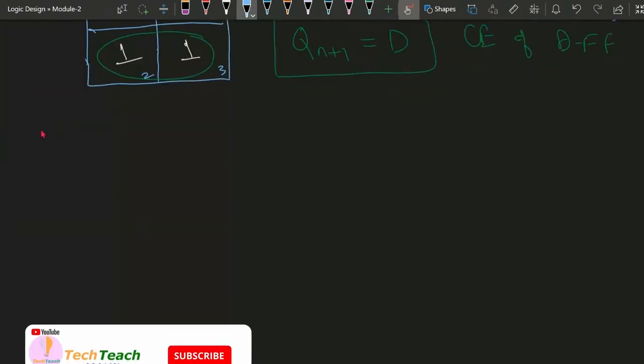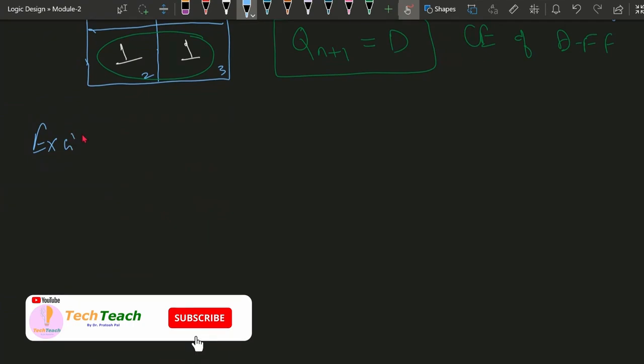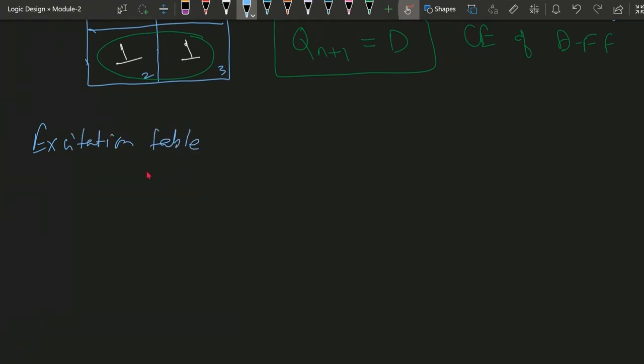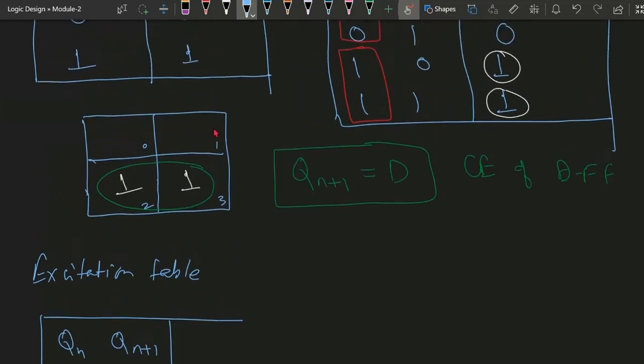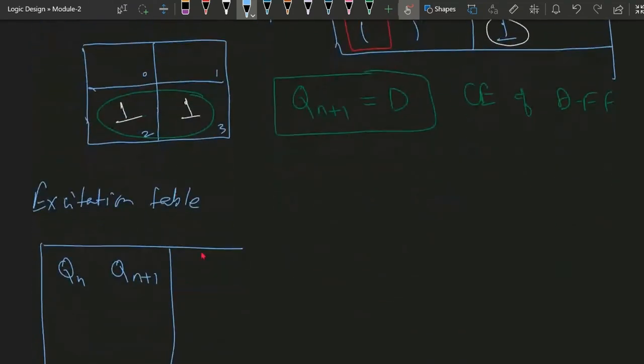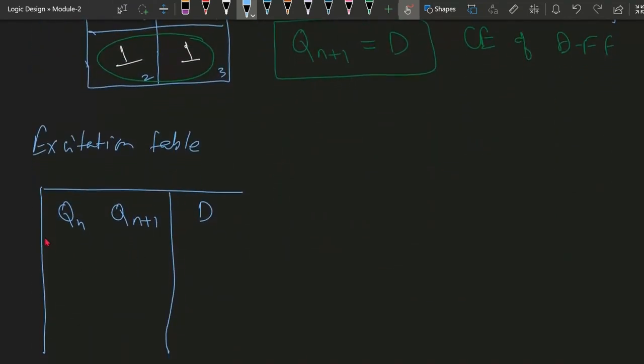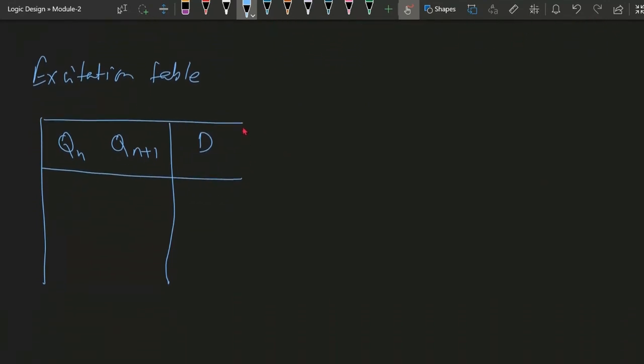Next we will be drawing the excitation table. In the excitation table, we will have two inputs: one is the current state, another is the next state, and the output will be the input. For D flip flop, the input is D, so D will be the output. We will draw it together: 0 0, 0 1, 1 0, 1 1.